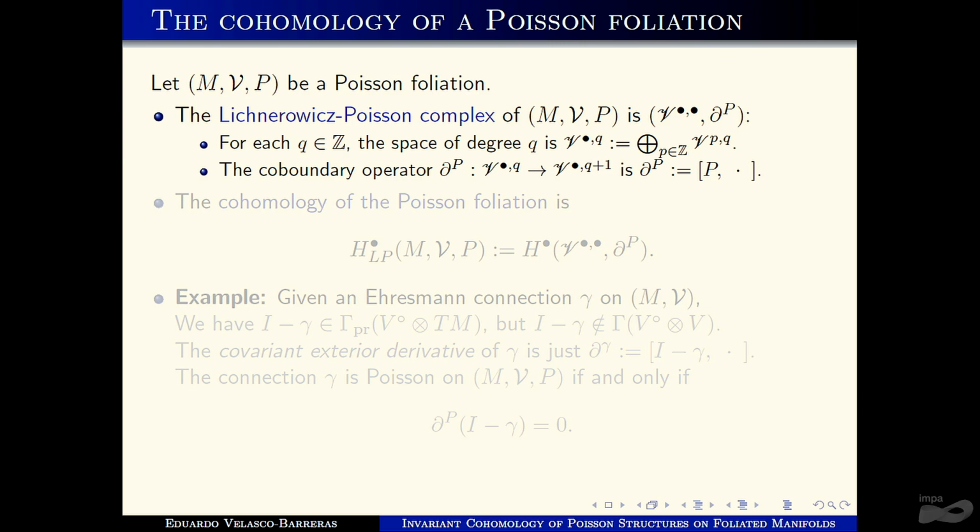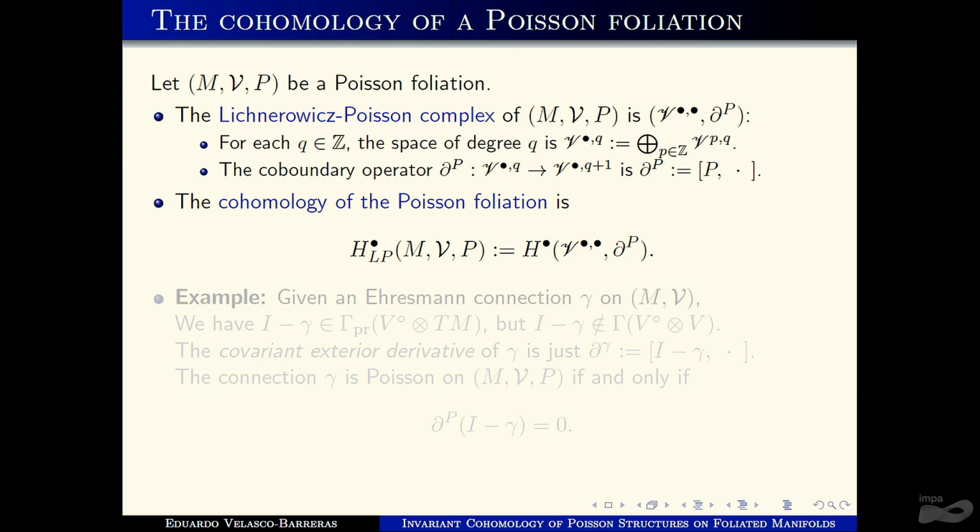Recall that our Poisson structure is leaf tangent, so it is an element of this B-graded Lie algebra. It has B-degree (0, 2). So it makes sense to consider the adjoint map. And by the Jacobi identity, it is a coboundary operator. Then the cohomology of the Poisson foliation will be the cohomology of this cochain complex, the cochain complex given by this adjoint operator.